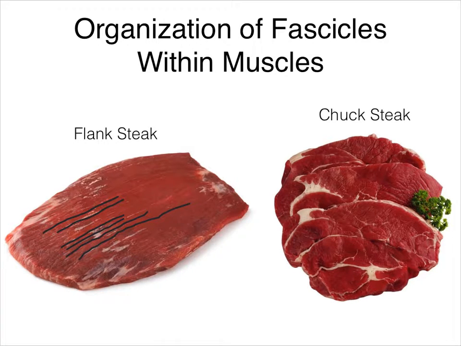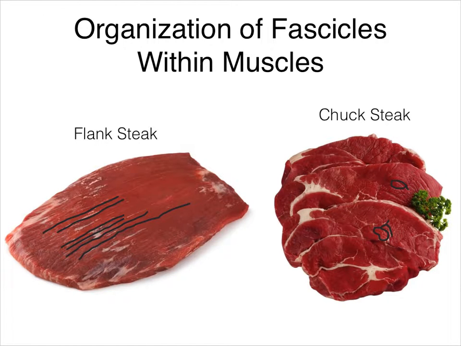Chuck steak, on the other hand, is cross-sectioned. Actually with chuck steak, what you're cutting through is usually a muscle bundle. So there are several muscles in it. But if you look in here, I can tell that that is a bundle right there. That's a bundle there.